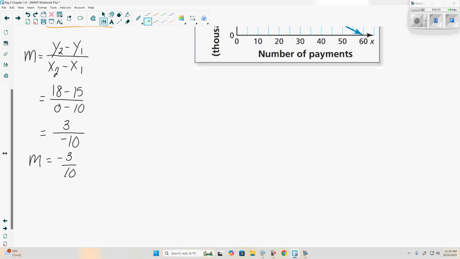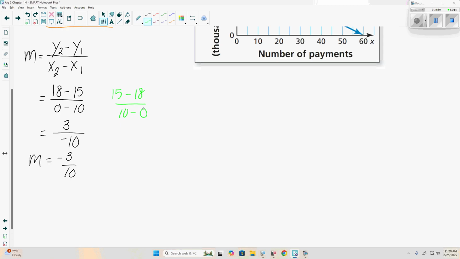Did you get to negative 3/10? Okay. So I'm going to show this again because there was a question about the order of the y's, how we put the y's on top. Now, you don't have to write this, because the other way we could have written this is 15 minus 18 over 10 minus 0.